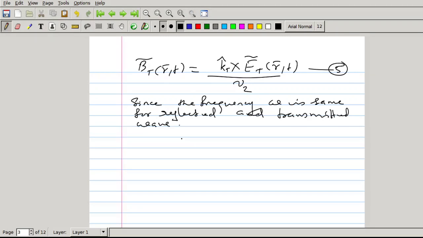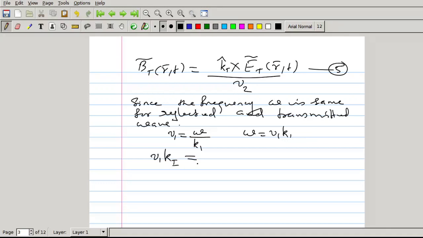In the first medium, v1 is omega by k1, or omega equals v1 k1. So for incident light, we can write v1 k_i, the magnitude of the incident wave vector.